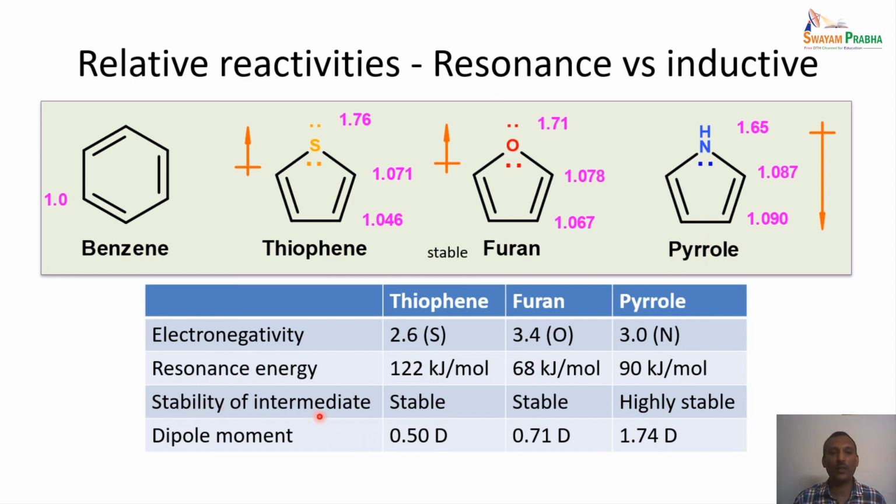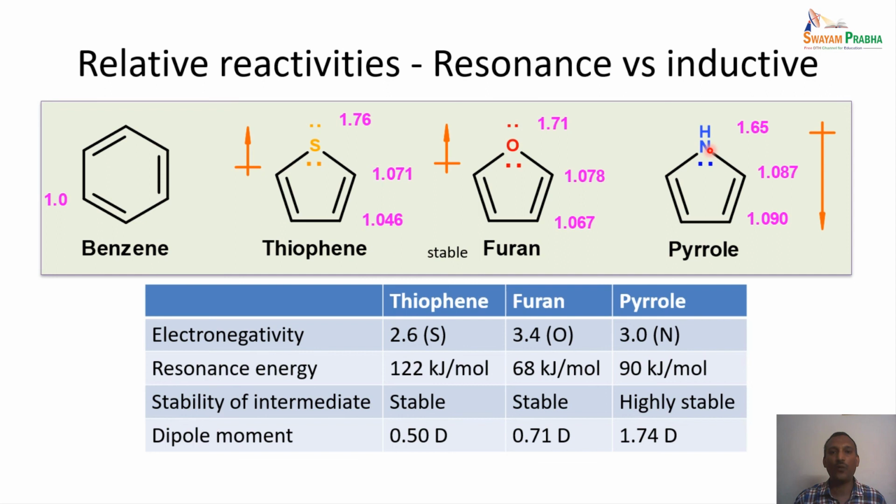And if you look at the stability of the intermediate, thiophene forms a stable intermediate, furan also forms a stable intermediate, but pyrrole forms a highly stable intermediate, because if an electrophile adds to this system, a positive charge has to be developed on this particular ring.